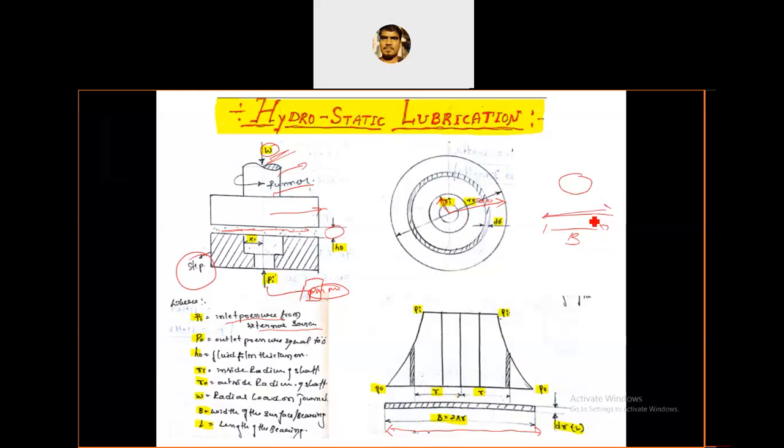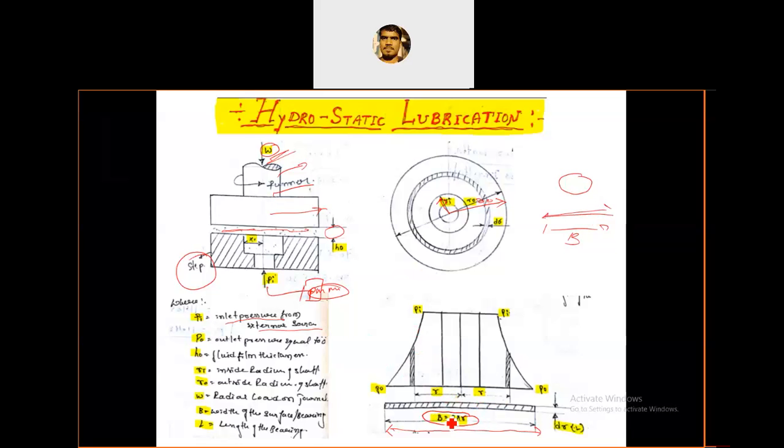Just take the example of a thread. The thread is circular, and when you unwrap it and make it straight, how do you measure it? It becomes the circumference, no? That length is nothing but the circumference. That B is the circumference, which is 2 pi r.